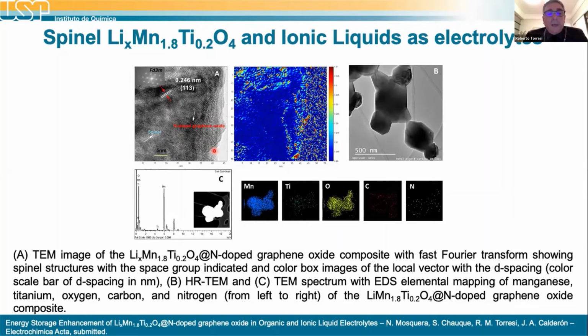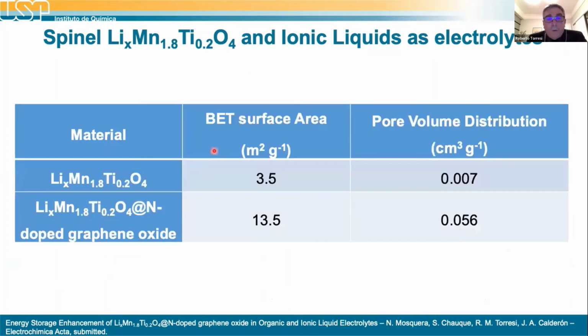So we did all this characterization showing that you have some kind of graphene there. Of course, we also have all the Raman and XPS characterization. With this material we also change a little bit the surface area of the material. That is good, because it is possible to have a better wettability of the material by the ionic liquid.